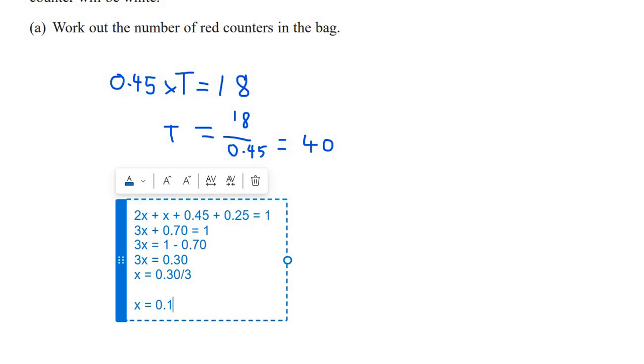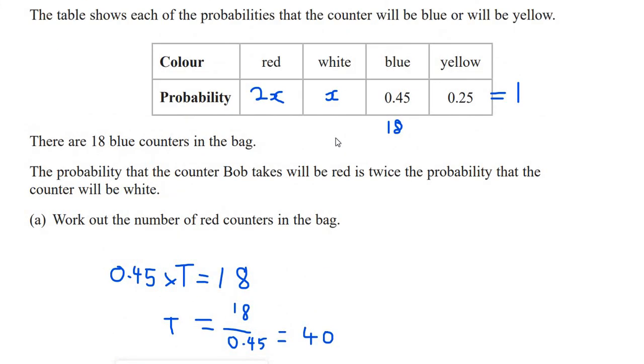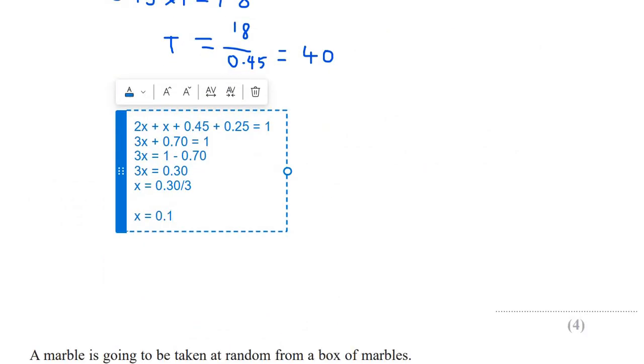Now, if x is 0.1, x is the probability of getting a white counter. The probability of getting red is 2x, which means it has to be twice this number. 2x will be 0.2. So this is the probability of red.